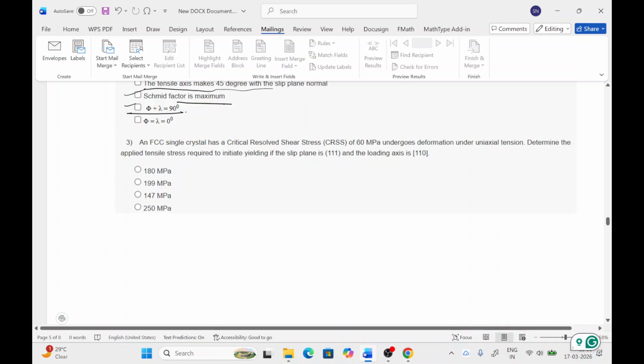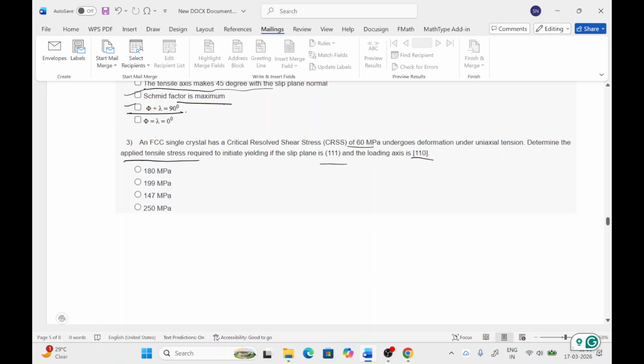In the third question, we have to calculate the same as before, only the loading axis is different. We have been given the CRSS value and the slip plane, so we have to calculate the applied tensile stress.